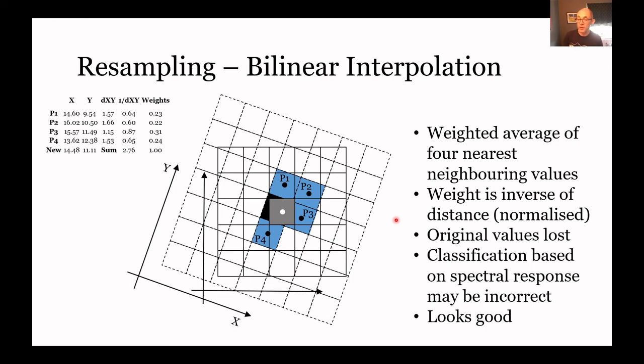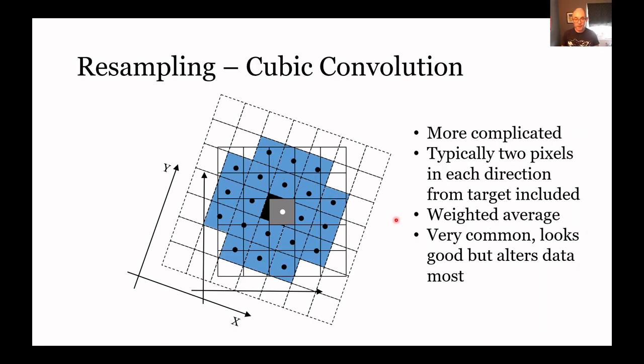This will also apply to other methods of image classification. So bilinear interpolation affects the actual data in the image, but it looks good. So that can be useful depending on what you're going to be doing with the data.